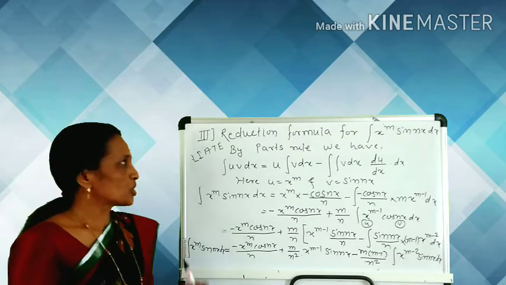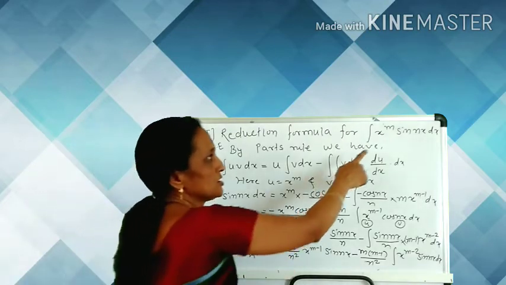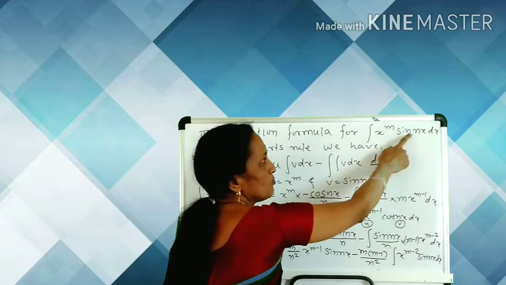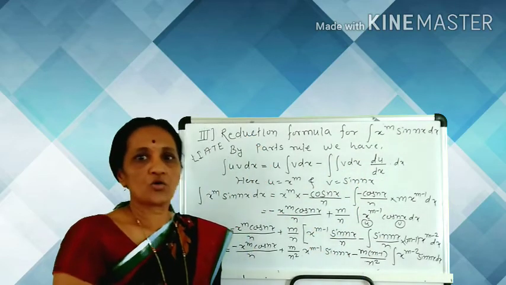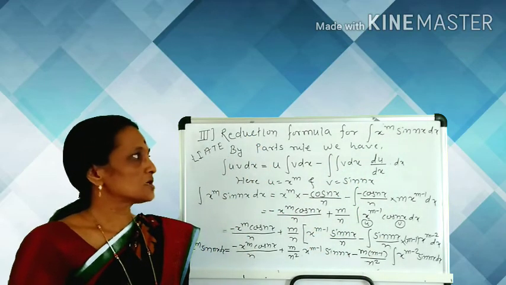There is a similar formula for x raised to the m multiplied by cos nx into dx.